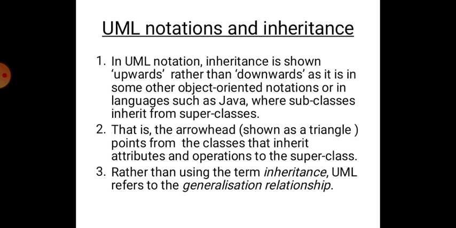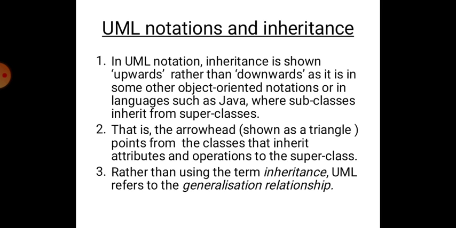So in UML notation, we have the arrow pointing upwards. That is point number 2. That is, the arrowhead shown as a rectangle points from the classes that inherit attributes and operations to the superclass. So here the arrow is pointing from inherited classes to the superclass. Point number 3.